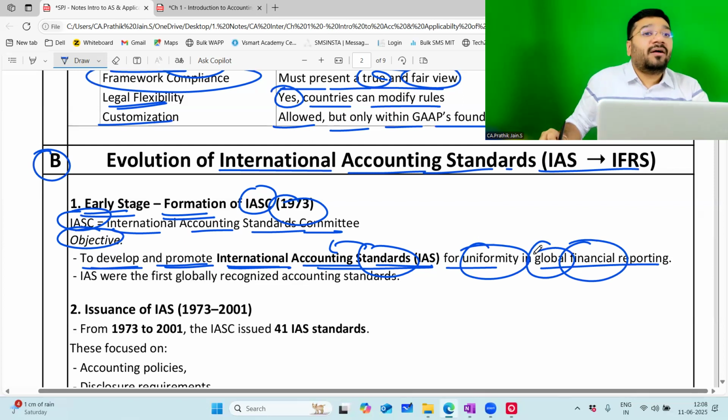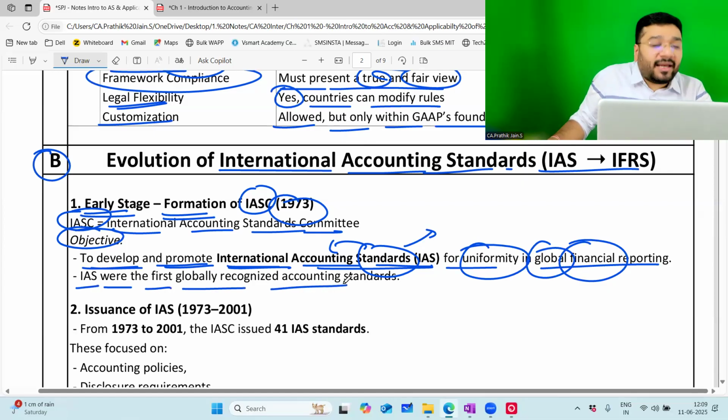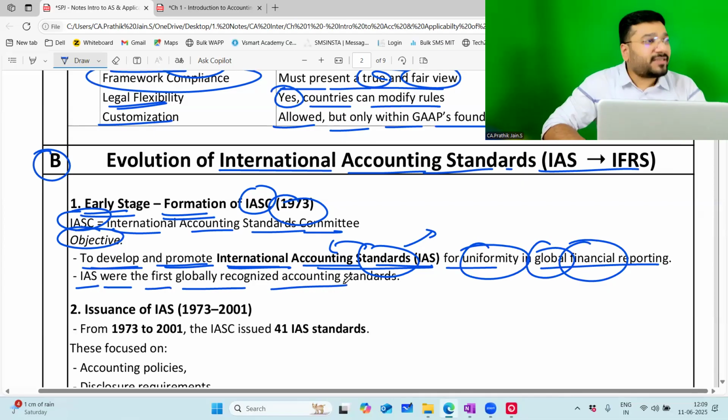So we gave a universal language. So IAS was Universal Accounting Language. IAS were the first globally recognized accounting standards. The first accounting standard that we got at the international level is called International Accounting Standard. And this standard was developed by whom? IASC, International Accounting Standard Committee.